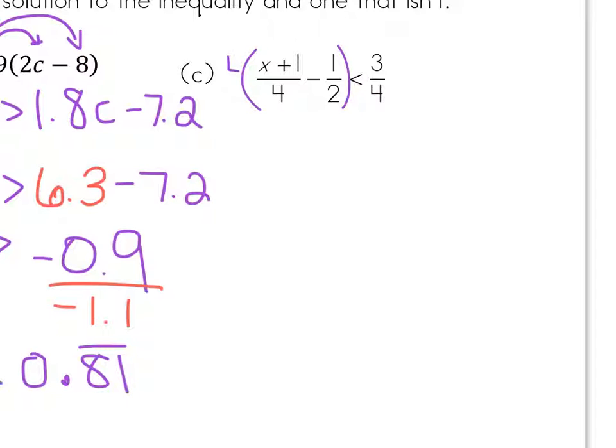So I will multiply this whole side by 4 and this whole side by 4. So remember, we can cross divide, so 4 divides into 4, creates the number 1. So that would just be 1 times x plus 1. And then how many times does 2 divide into 4?